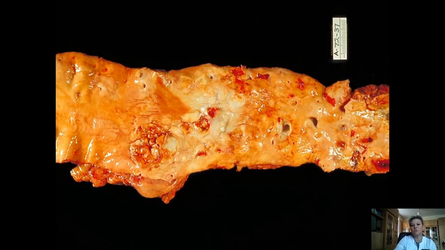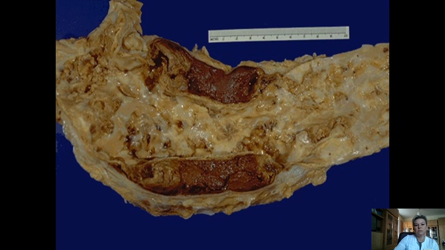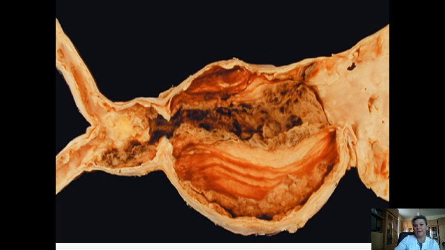Only in the third and fourth stages, as a result of destruction of the atherosclerotic plaque, we see destruction of the wall of the aorta, appearance of thrombosis, and some complications: thrombosis and thromboembolism, thrombosis in this photo, and formation of an aneurysm as a result of destruction of the aorta wall.